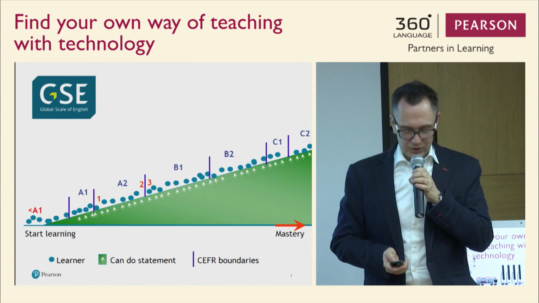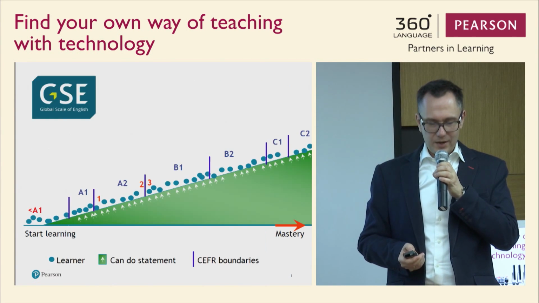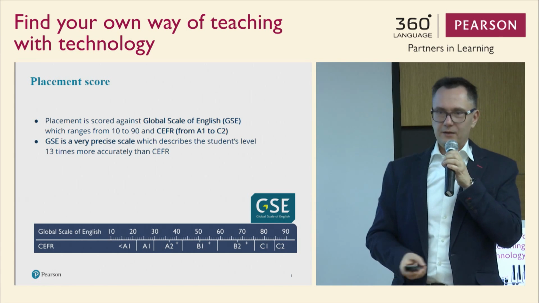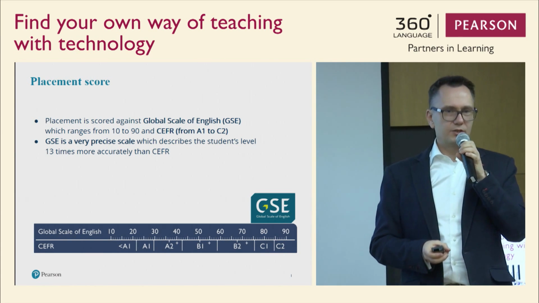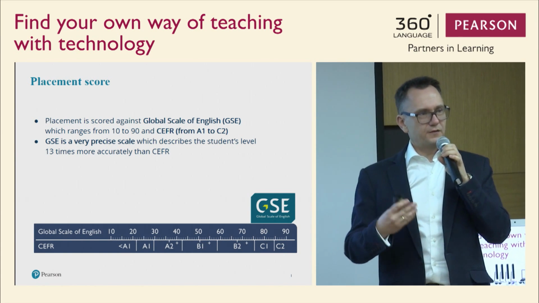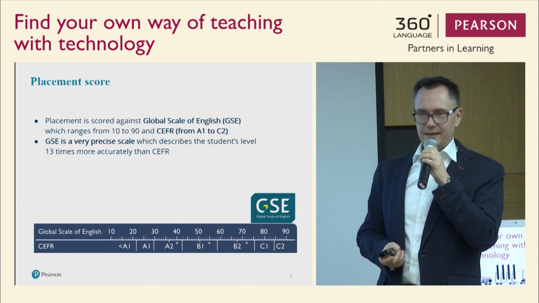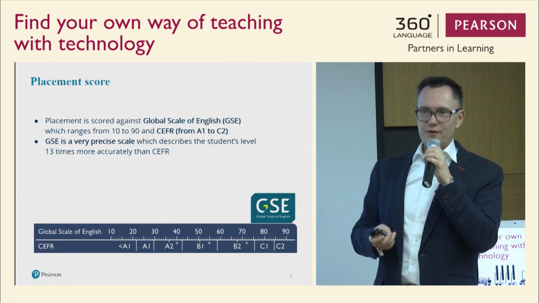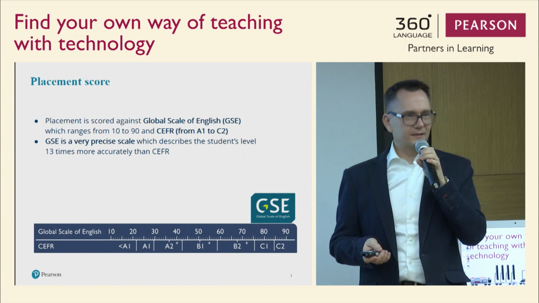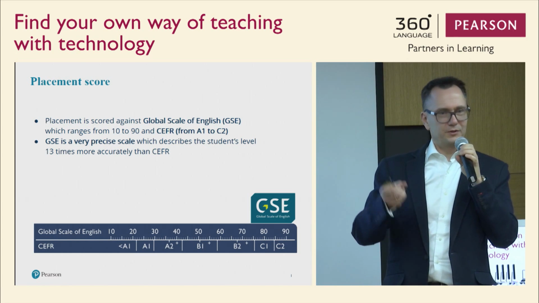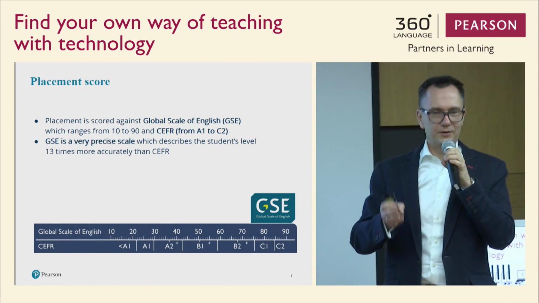So this is why we came up with a numerical scale which is from 10 to 90. Metaphorically, you could say that this is like a thermometer. So measuring your level of English is a little similar to measuring your temperature. Your temperature is normally 36 unless you're ill, right?